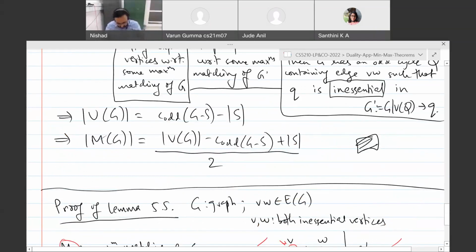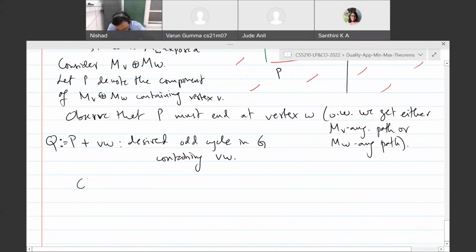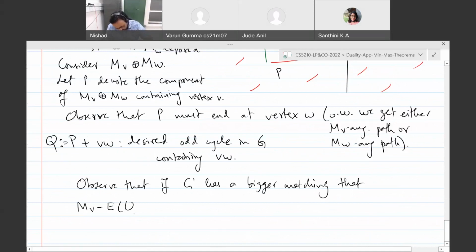Okay, so that's just a small part. So observe that if G prime has a bigger matching than, let's say, MV minus the edges of the cycle, then G has a matching bigger than MV itself.